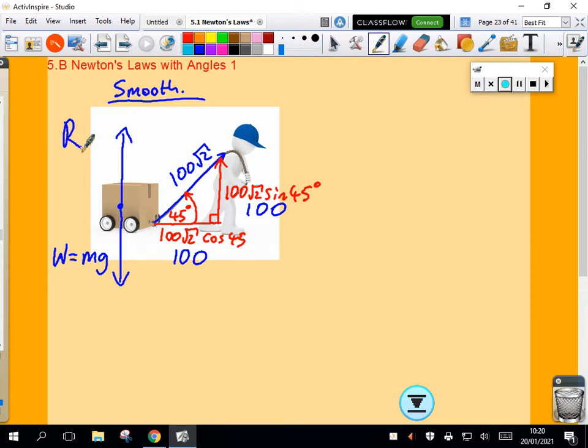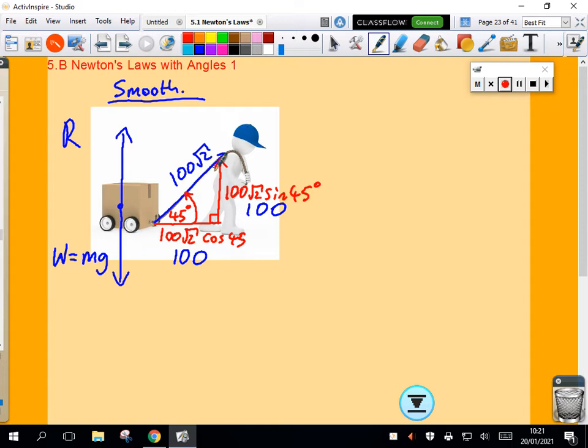It's a contact force. And so the three forces at work on the box are the downward force, the weight, which is the force on the box by gravity. The upward force, the normal reaction, is the force on the box by the ground. And then this tension force up to the right is the force on the box by the rope.